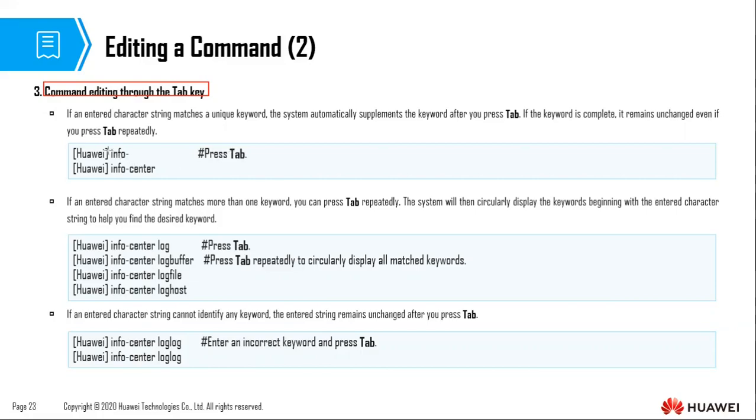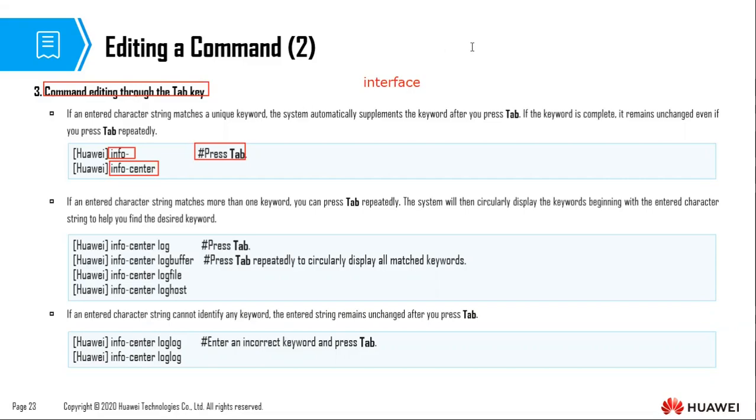For example, if you type info hyphen and you press tab on your keyboard, it will autocomplete it to the full command word info center. If I type int, then I press tab on my keyboard, it is going to autocomplete that to interface because there is no other keyword that starts with int. So that is one way of doing it.